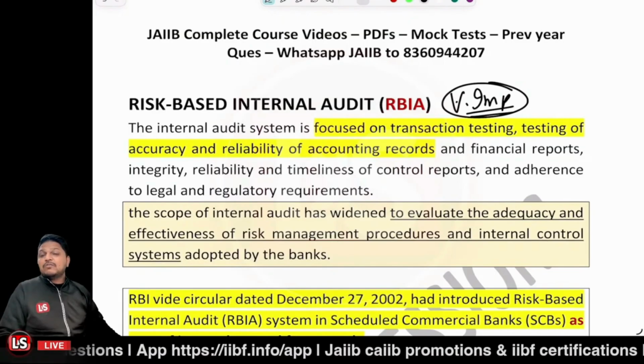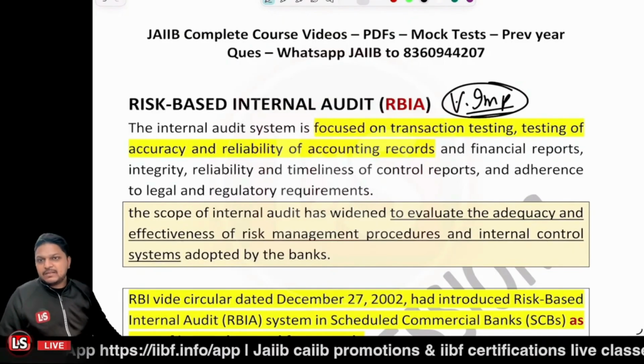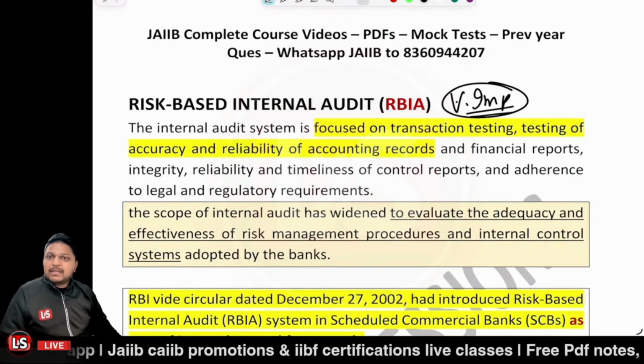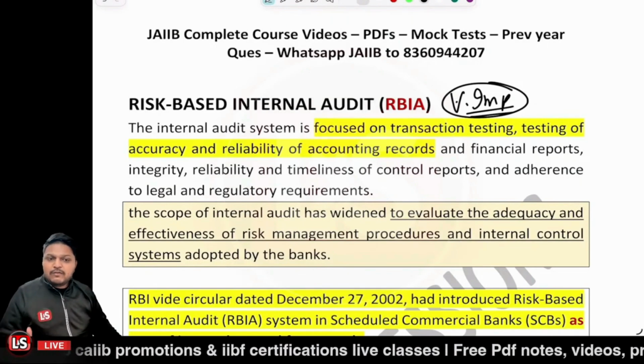The guidelines were given under the ICAAP, Basel 3, Pillar 2, that is the supervisory review process.